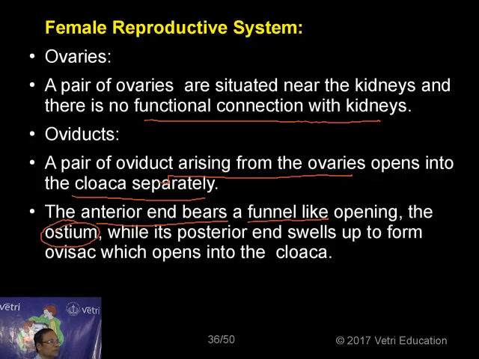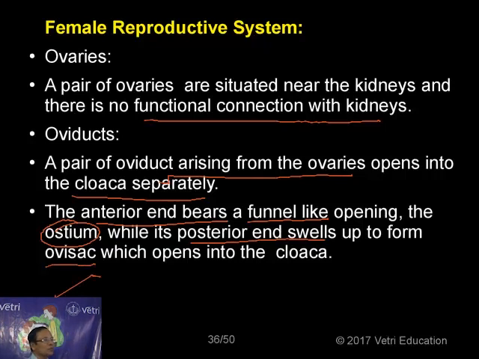It opens into the body cavity nearby the ovary for collecting the egg released from the ovary and passing it through the duct towards the cloaca. Its posterior end swells up to form what is called the ovisac.